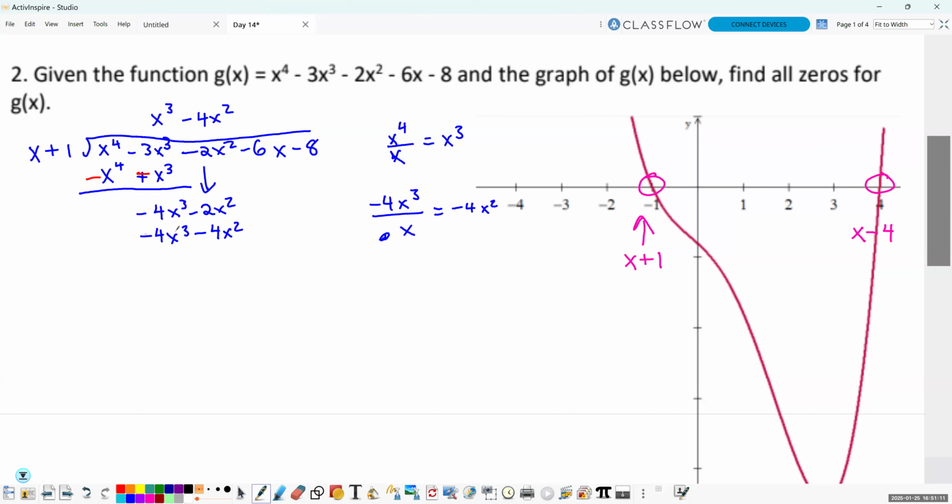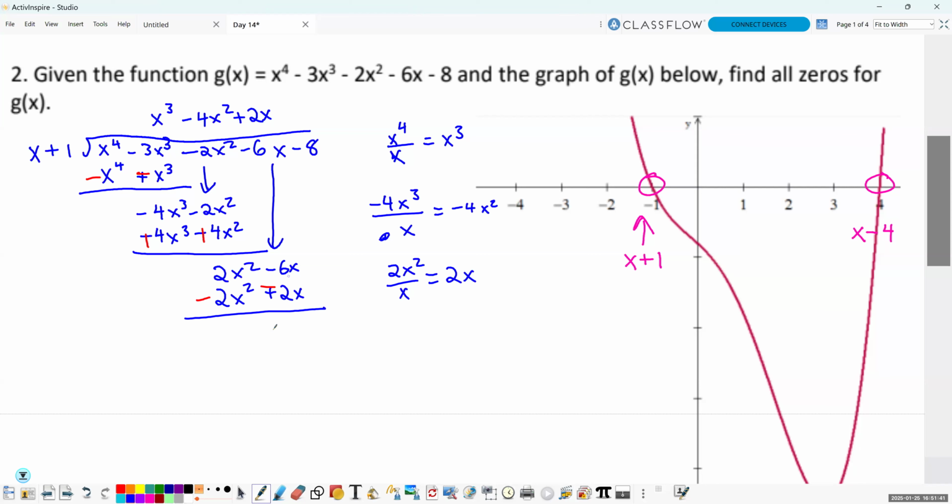I'm going to subtract and bring down. And that gives me 2x squared, and I'm going to bring down -6x. Repeat. 2x squared divided by x is 2x. Multiply back 2x times x, 2x times 1. Subtract and bring down. So -6 minus 2 is -8x.